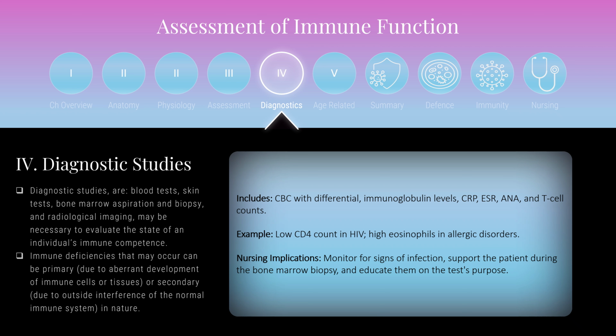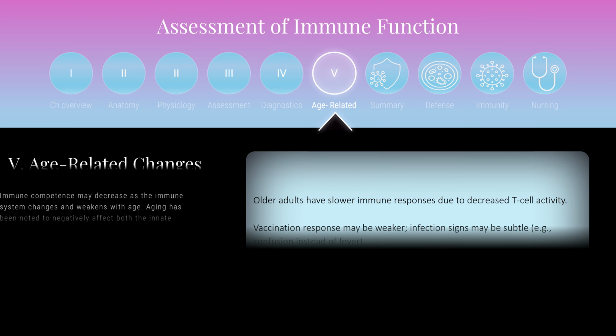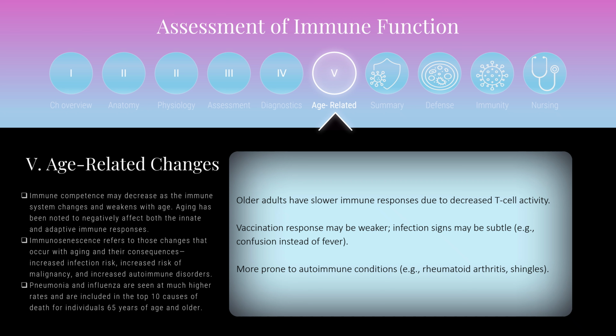Nursing implication: monitor for signs of infection, of course, support the patient during the bone marrow biopsy, and educate them on the test purpose. So we're getting close to the end of the chapter.